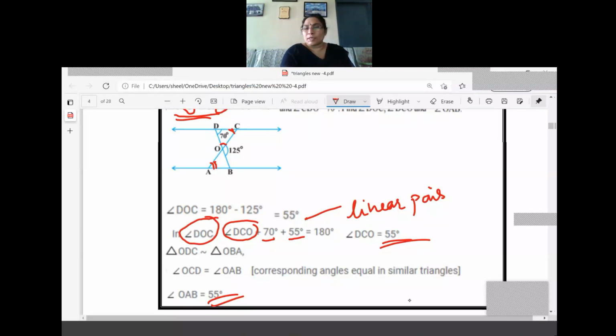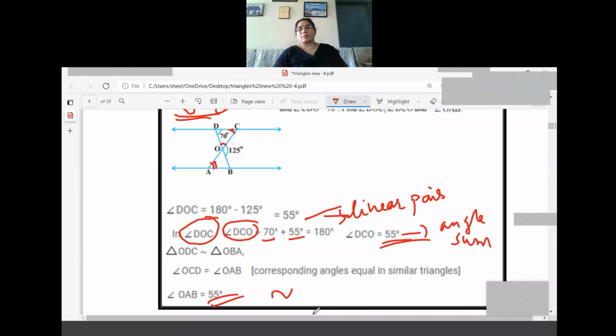The first one is for linear pair, and this is for angle sum property. Then the next one is the similarity criteria. So all three properties we have used, and the respective values are 55, 55 and 55 only, right? So we got the values there.